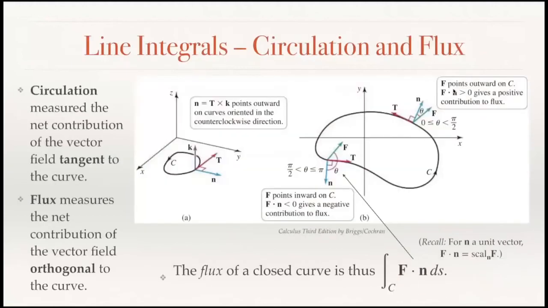So the circulation is the total contribution of the vector field in the direction of the closed curve. And we'll also want the total contribution of the vector field orthogonal to the closed curve. This will be like the wind cross current through the curve.